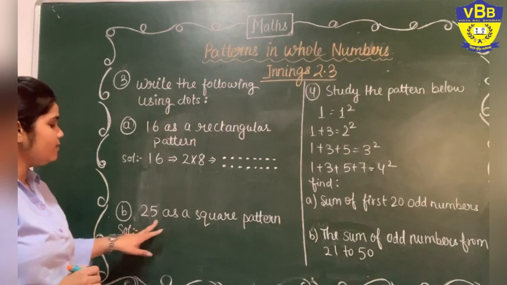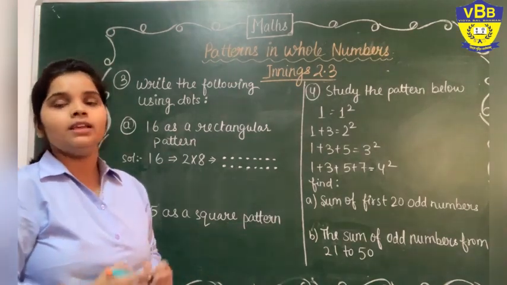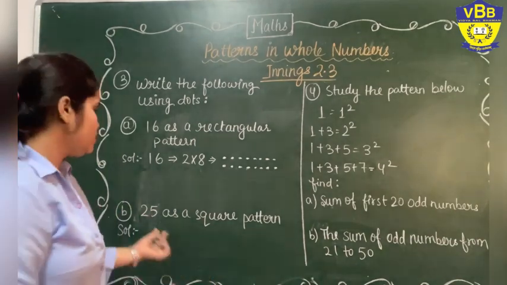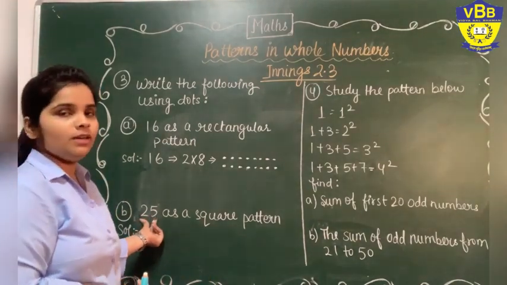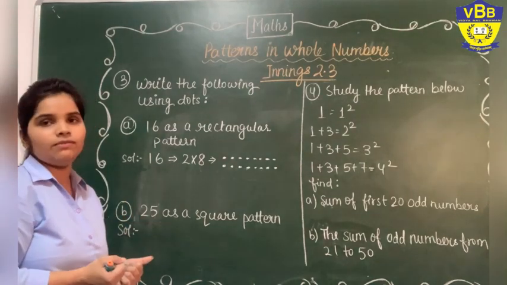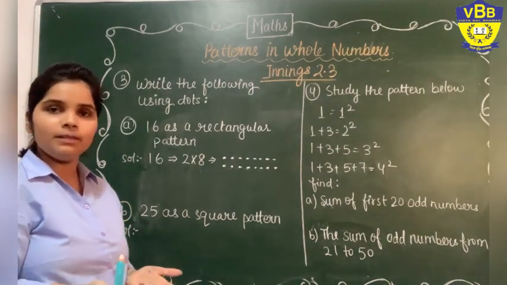Next, 25 as a square pattern. In a square pattern, the number is multiplied by itself. So what number multiplied by itself gives 25? 5 multiplied by 5.